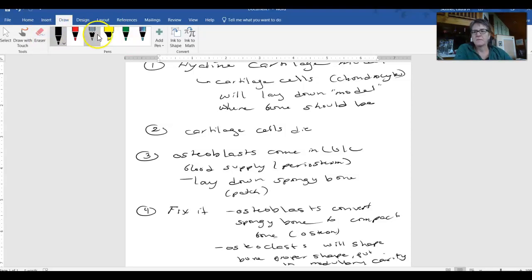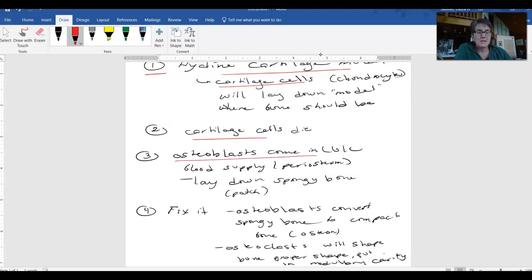I have a hyaline cartilage model, established by cartilage cells that lay down where bone should be. And then they die. They form pits.